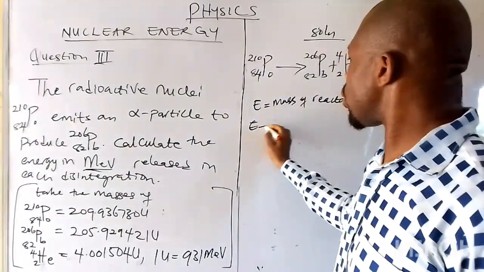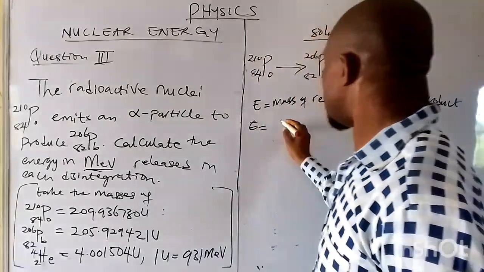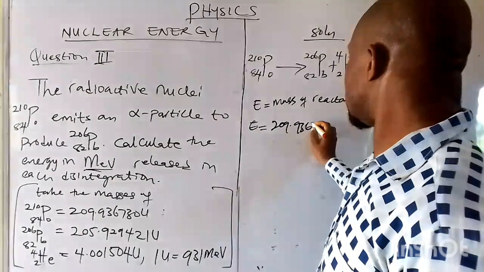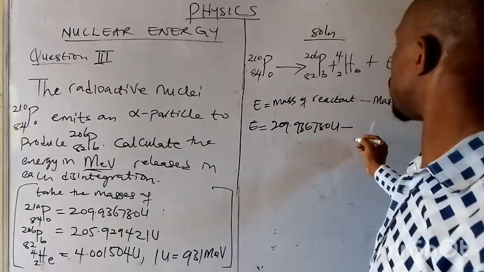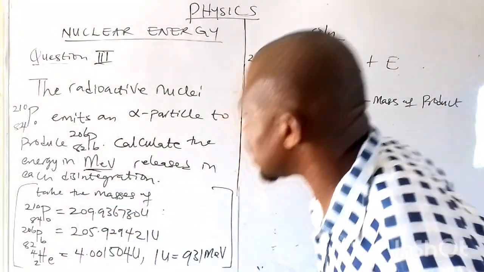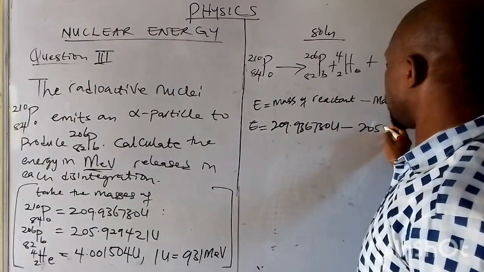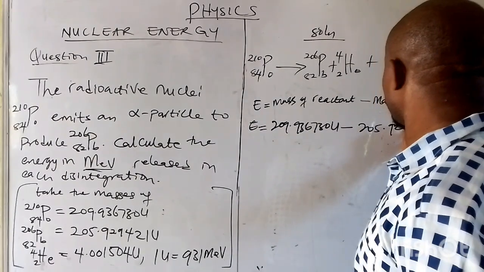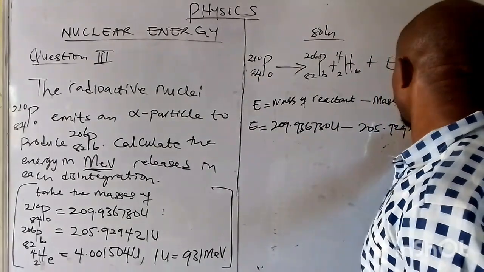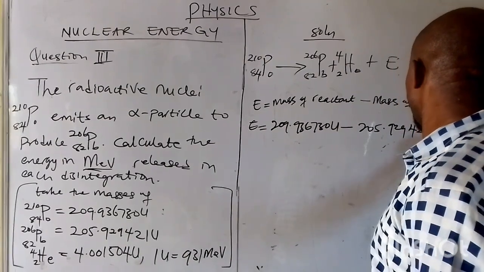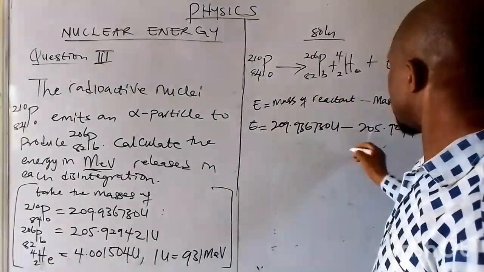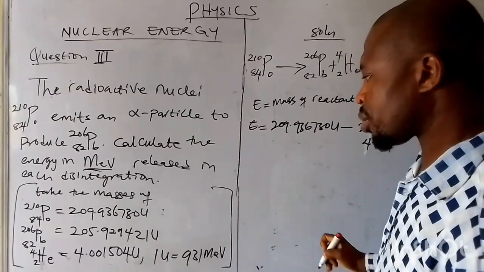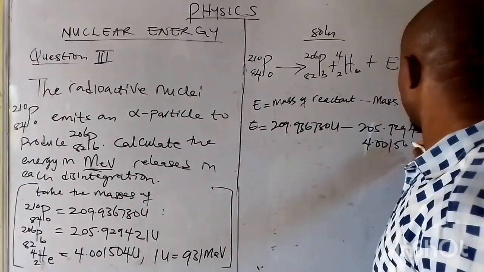So E will give us the mass of the reactant, which is 209.936730 u minus, we have these other two, 205.92942 u plus, I will write this one down here, 4.001504 u.